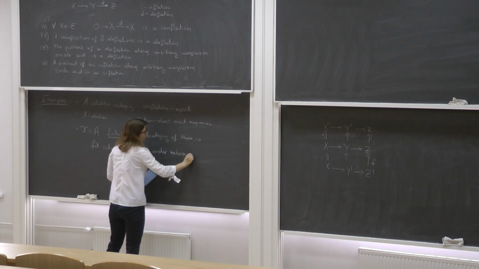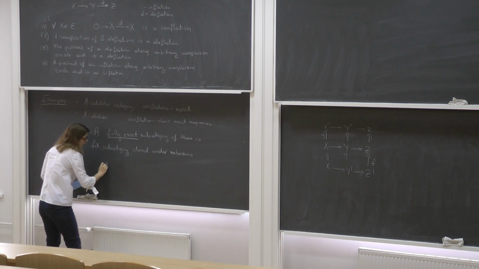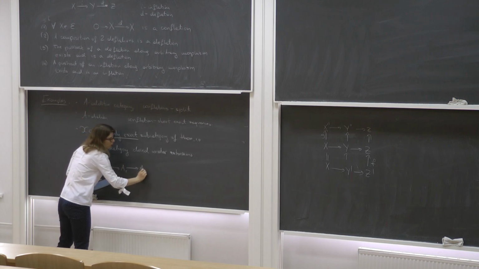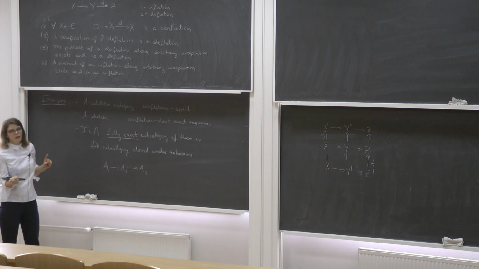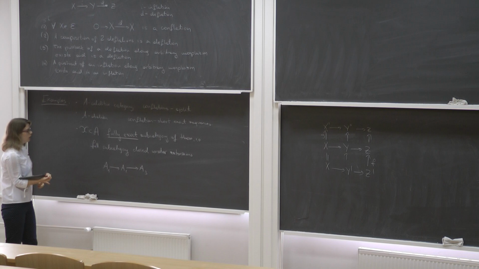So when I have a conflation A1, A2, A in A, where A is any exact category, but you can think of it just as being abelian. I will tell you why in just a second.